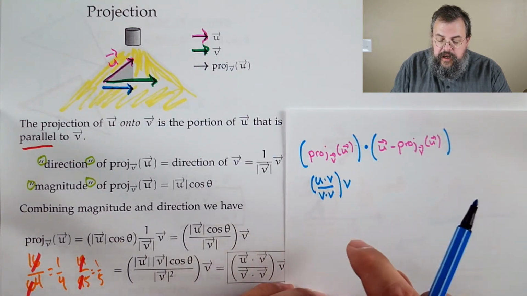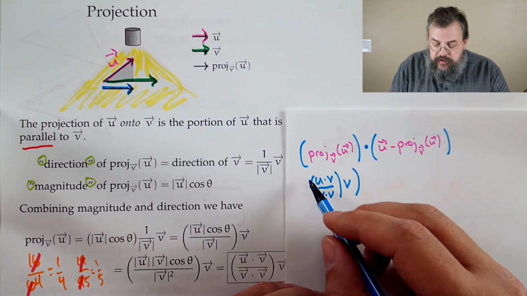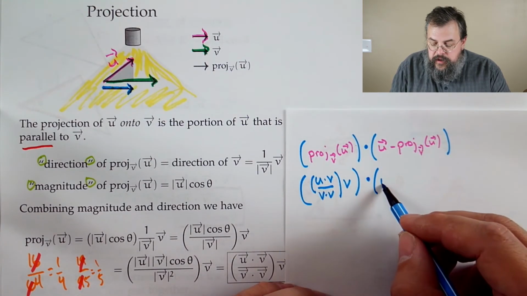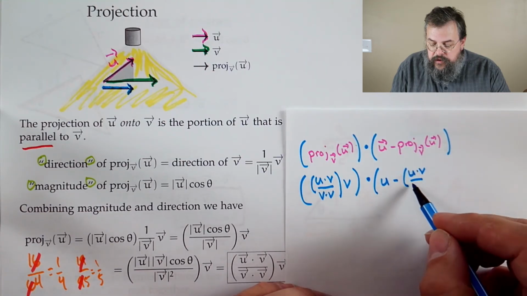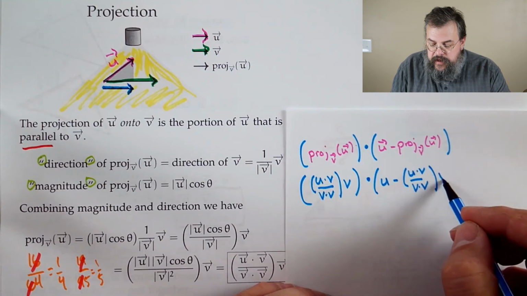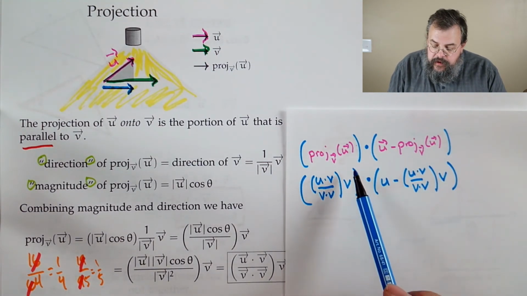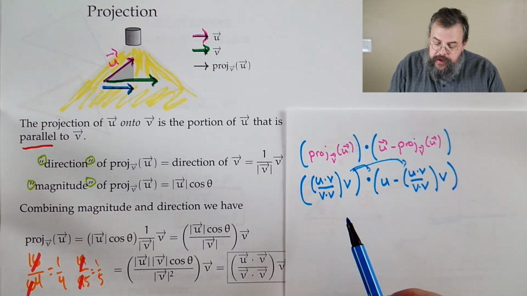I'm going to suppress the arrows just to make it simpler in our computation. Okay, so that's what we're going to dot, and then we're going to dot it with u minus u dot v over v dot v times v. So, well, the nice thing is we can, of course, distribute through. And what do we have?